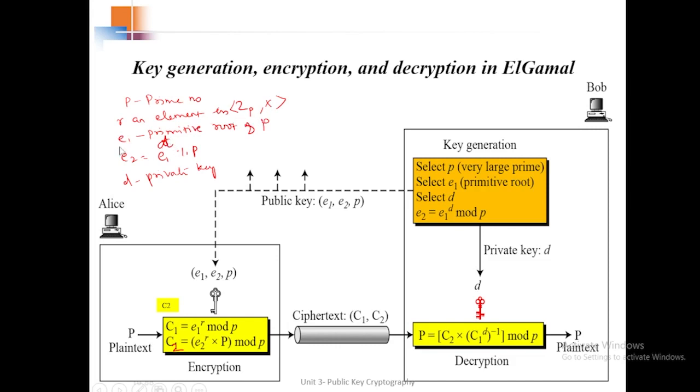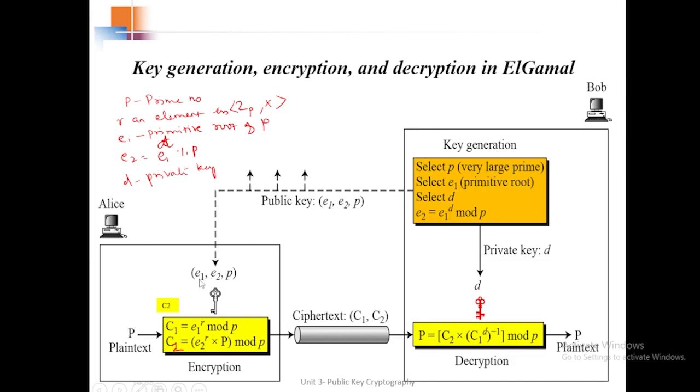Then we take E1, which should be a primitive root of P. With the help of E1, we calculate E2. So E2 is equal to E1 power D mod P, where D is a private key. These are all the values needed for implementation of the Elgamal cryptosystem.